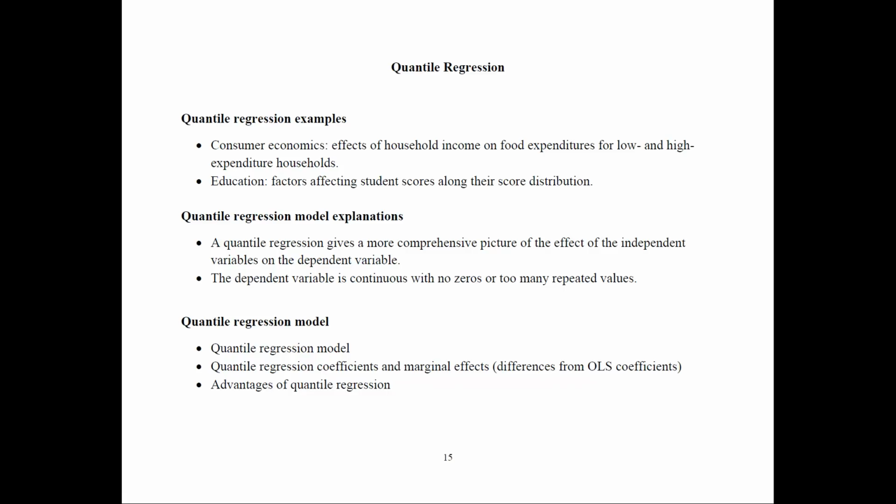So we need to have a nice continuous kind of variable to be able to use quantile regression. In those videos, we will talk about the quantile regression model, the coefficients and marginal effects. And one thing that becomes very important is how those quantile coefficients differ from the normal OLS regression coefficients. And we will also talk about the advantages of quantile regression and why use it.